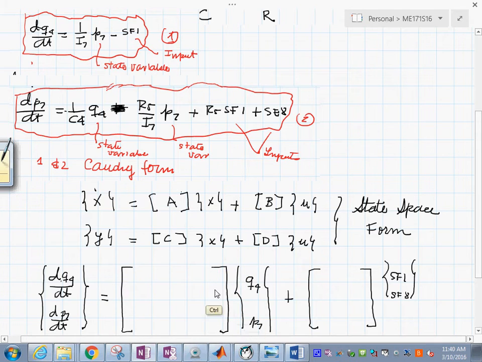And then you have this p sub 7, which will be minus r sub 5 over I7. And then this other one, this had the SF1, but the SF8 was a 0, so this is going to be SF1 is R5, and then you're going to have SE8, excuse me, and this would be SE8.